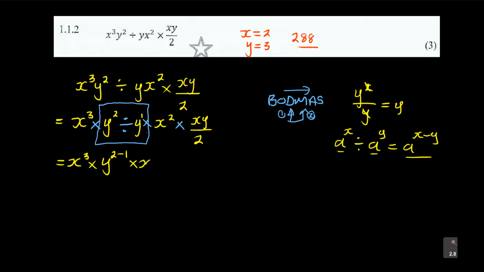And then times x squared times xy over 2. Then when I simplify, it will be x cubed times, now y to the power 2 minus 1 is y, times x squared times xy over 2.